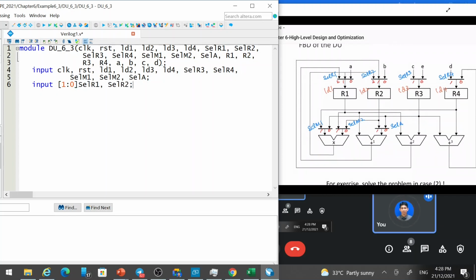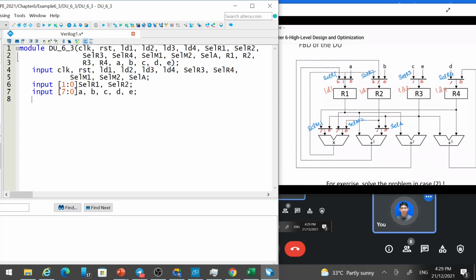Let's say A, B, C, D, and E are 8-bit, for the data. All are 8-bit.